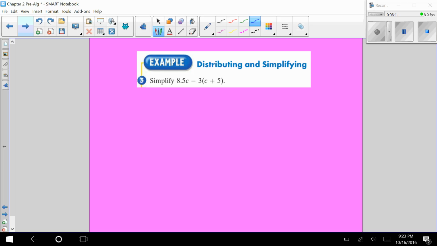All right, when we're distributing and simplifying, we have to be very careful. The first thing you always need to do is change it into a sum. Never forget that first step. So we want to rewrite this as 8.5c plus, remember that minus becomes plus a negative 3, and then c plus 5.